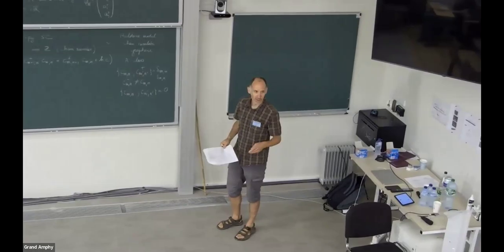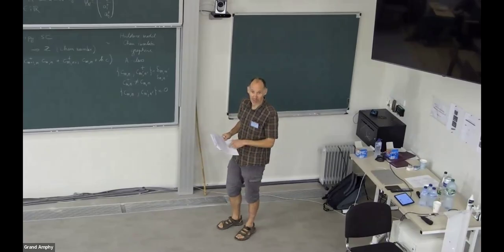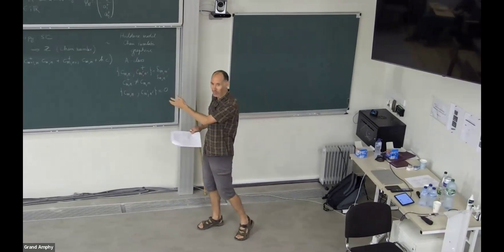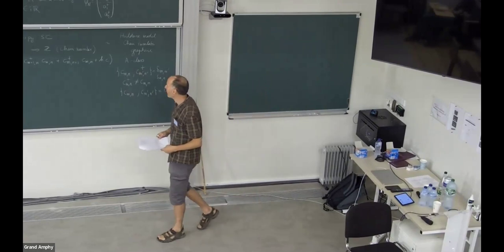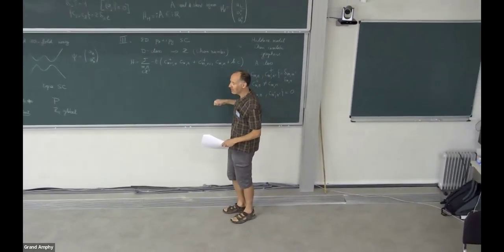I'm following the notation from my notes, and also from the reference where I took this; the references are given in the notes so that if you read them, you will recognize it. So those are complex fermions. This is just hopping on the square lattice.